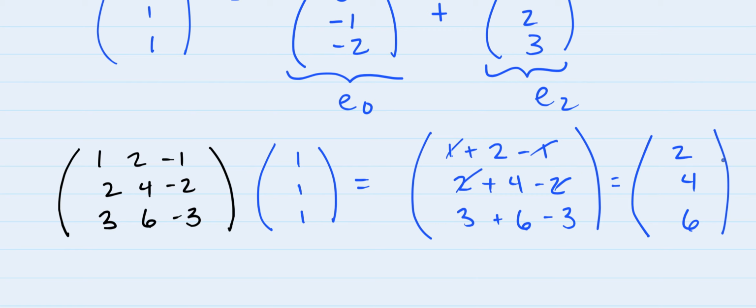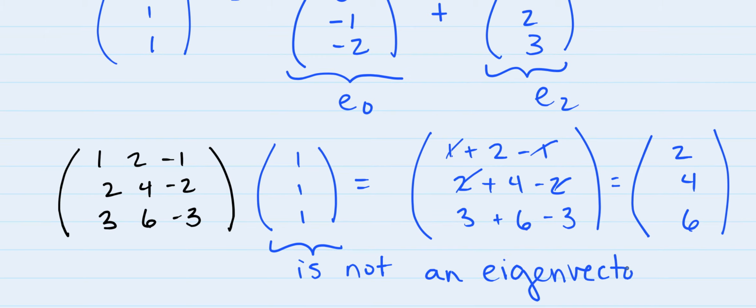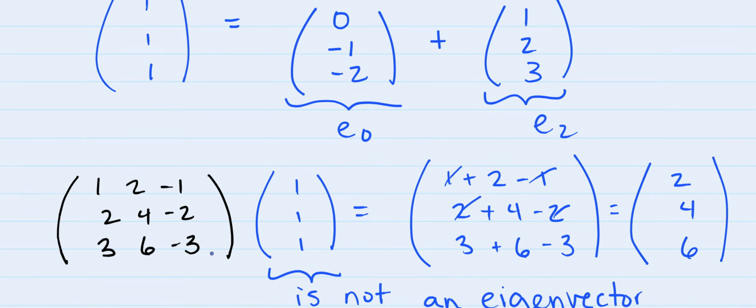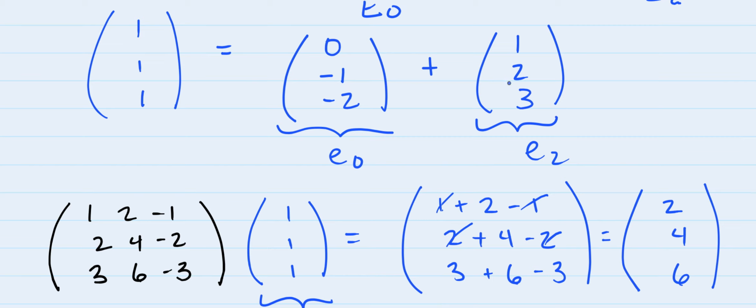If you multiply it by 4, you get 4, 4, 4. There's no way to get 2, 4, 6. So this vector here is not an eigenvector. However, if we apply this matrix to these two, these are eigenvectors. So this is a sum of eigenvectors.